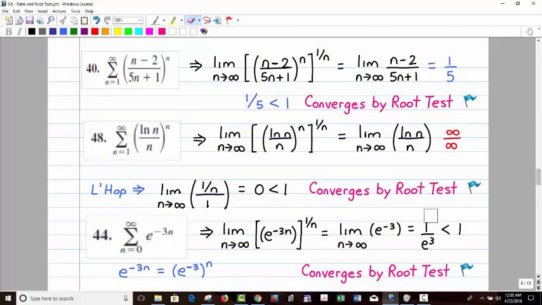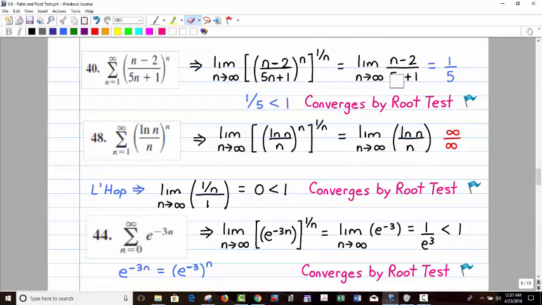This is really pretty easy. Take the nth root of this one, which gets rid of the exponent, and now you have ln n over n. We've got an extra step here, but it's not difficult, because technically ln n over n is infinity over infinity, so we have to do L'Hopital's rule for this one.